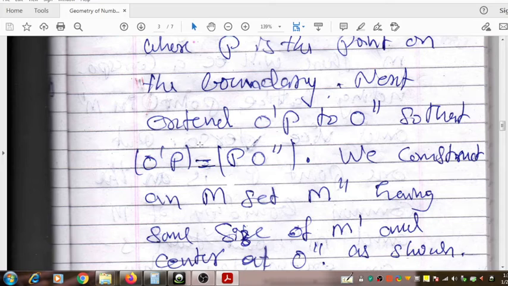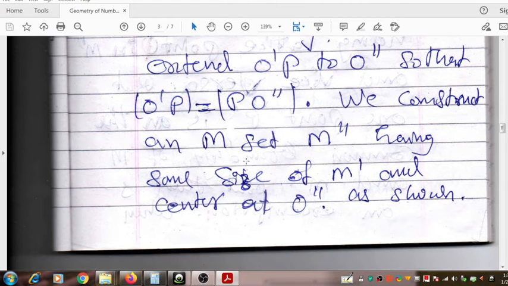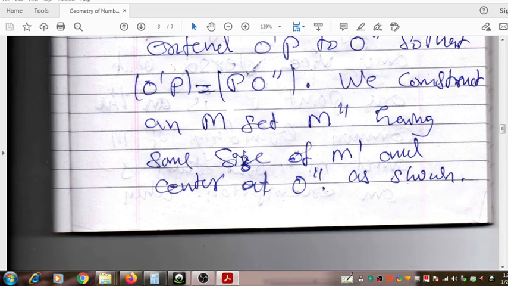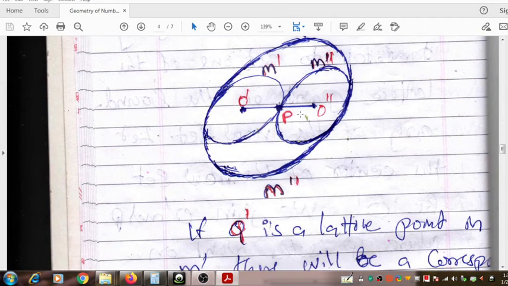Next, we extend O prime P to O double prime, so that the distance O prime P equals O double prime P. We construct an M set, M double prime, having the same size as M prime and the center at O double prime, as shown in the figure.